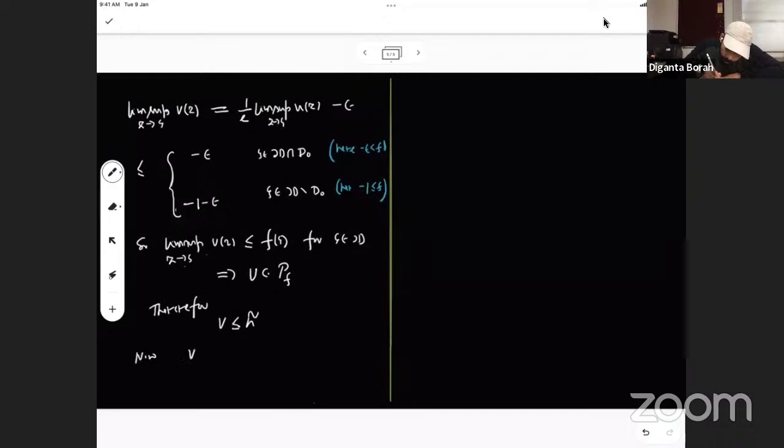Now let's examine the limit. Now let's look at what this limit is: the limit of z going to zeta naught of v(z). We modified this, so we probably don't have 0, but let's go back and see what this is.